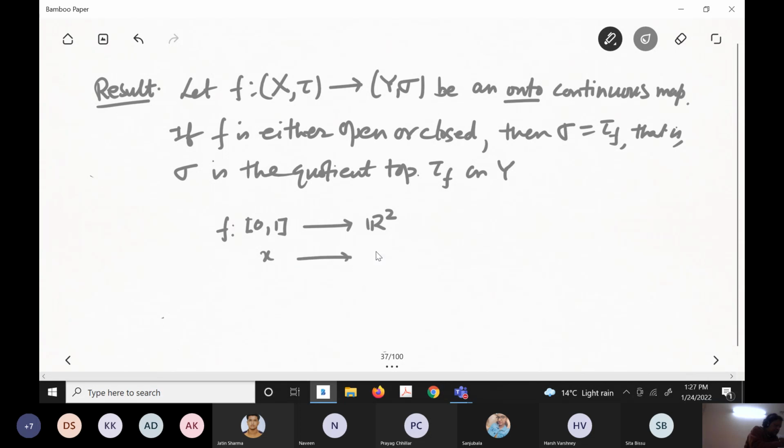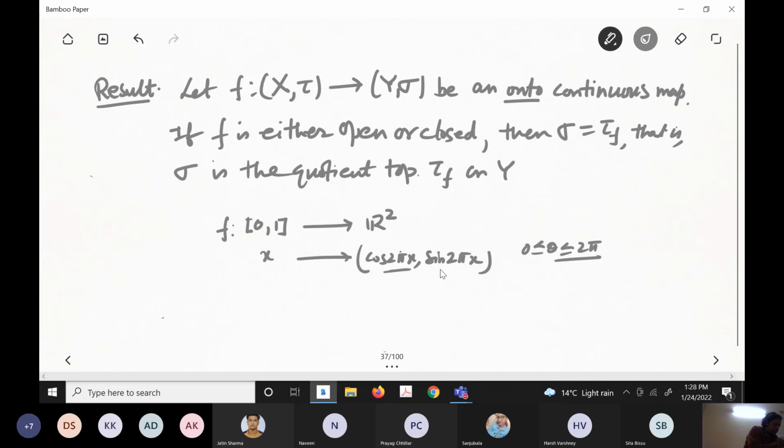Now look, if I give this map, x goes to (cos 2πx, sin 2πx), with x lying between 0 and 1, so that the angle is between 0 and 2π. You can easily check this is continuous because each component is continuous.